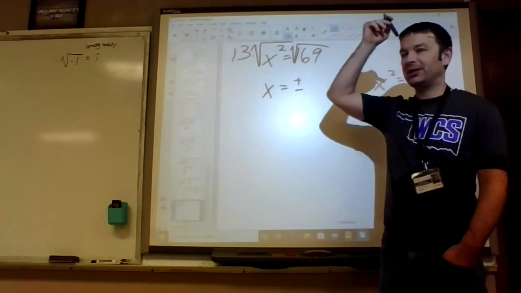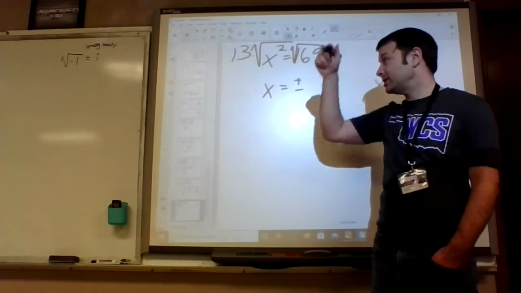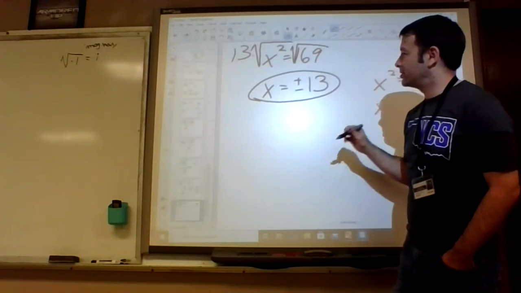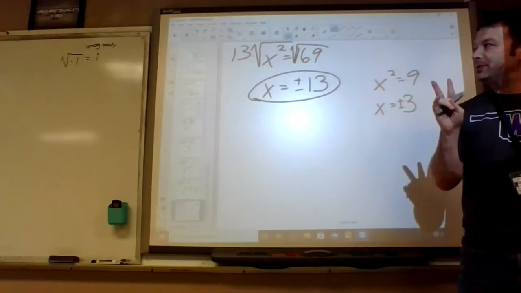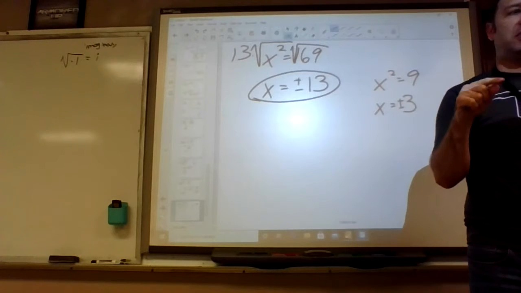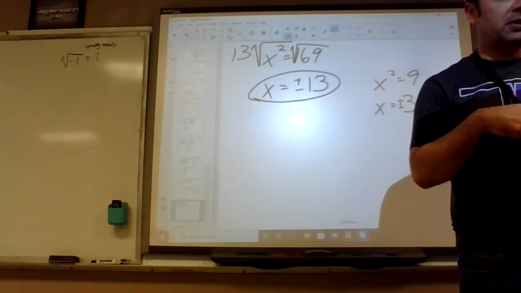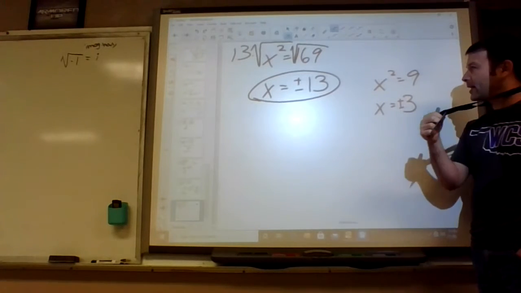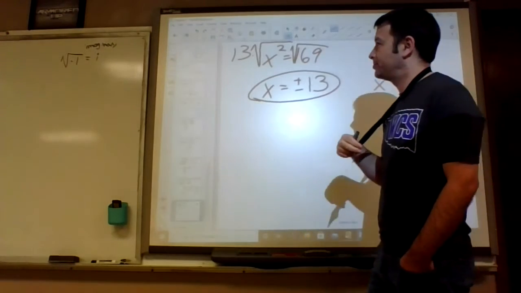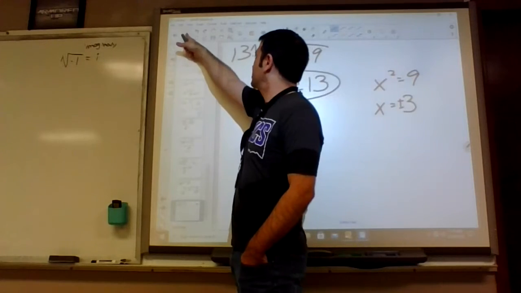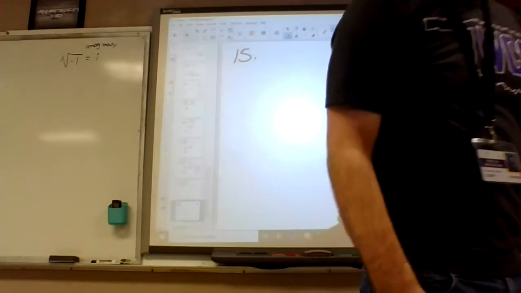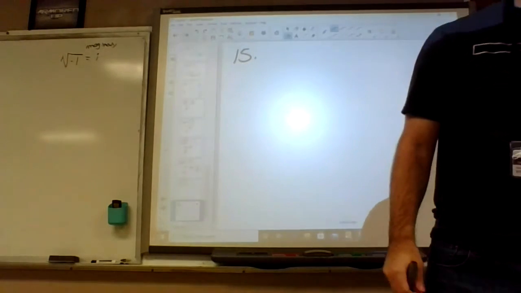What's the square root of 169? 13. So that would be the answer. So there's actually two answers to these problems. Number 13 is positive or negative 13. All these problems are going to look like this. Okay, 15. z squared equals -27.